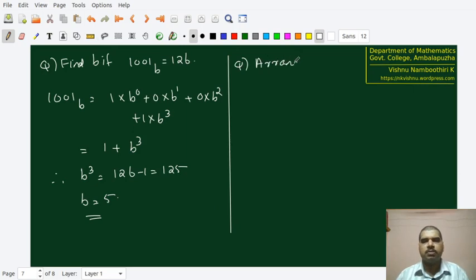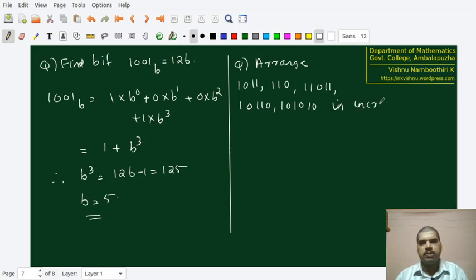Arrange the numbers 1011, 110, 11011, 10110, 101010 in increasing order of magnitude.